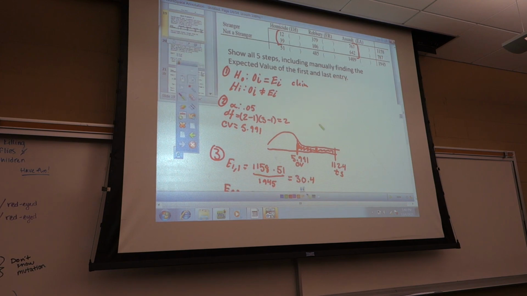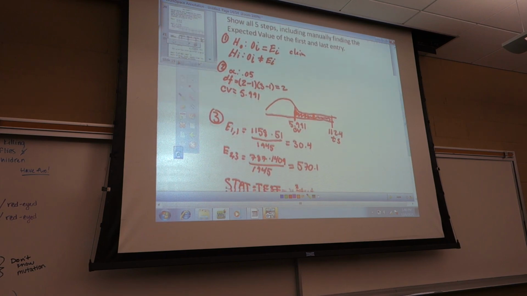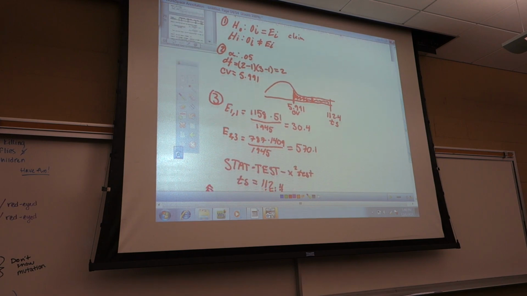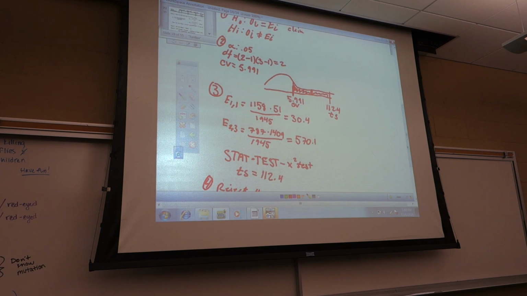Right, so see how he did his first one, 1185 times 51 divided by the grand total. Great. And I got 30.4 for the first row column, and then 570 for the other. And then I did my stat test, chi-square test, and I got 112.4, rounded to the first decimal.